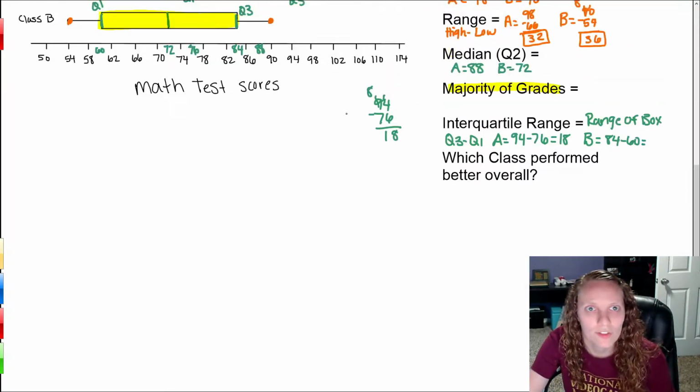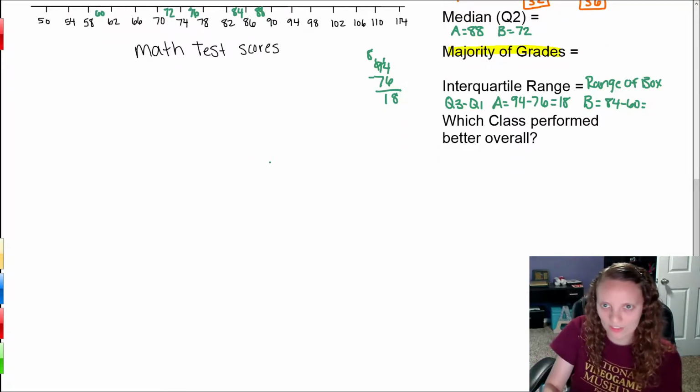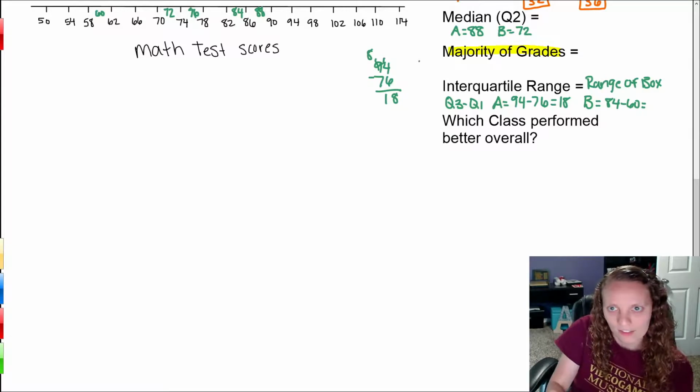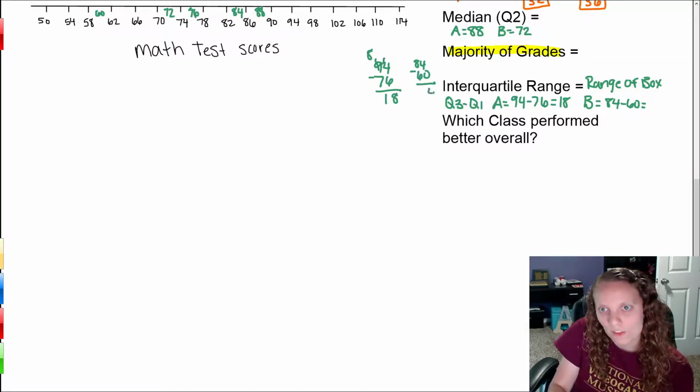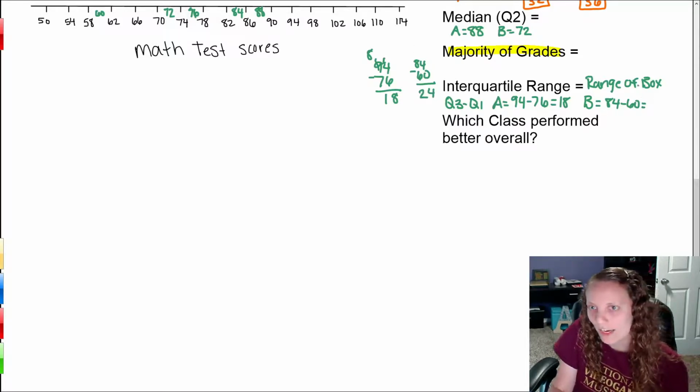Make sure I wrote those down right. So 84 minus 60, good. And I'm going to do this out to the side. 4 minus 0 is 4. 8 minus 6 is 2. So the interquartile range for class B is 24.